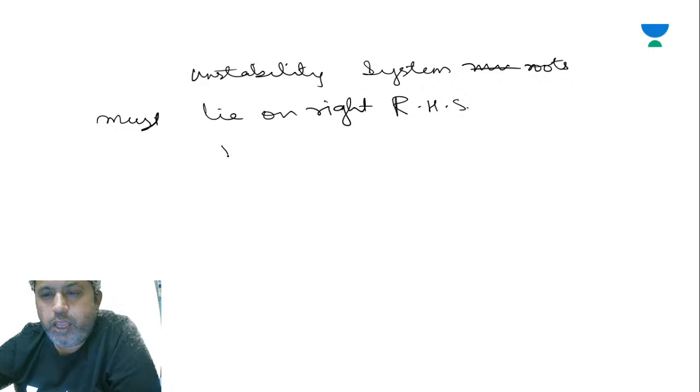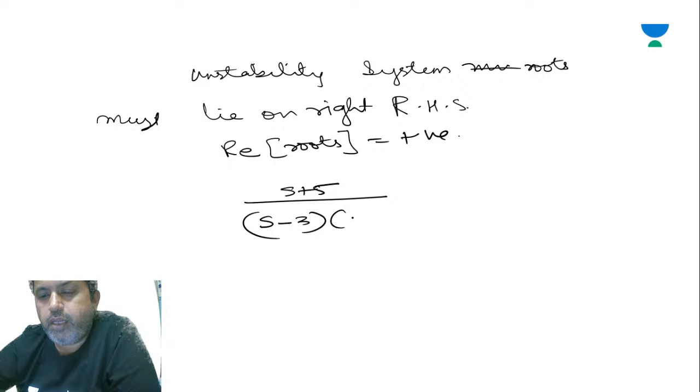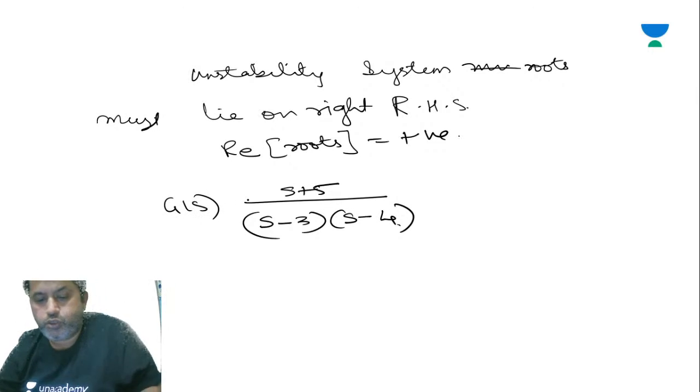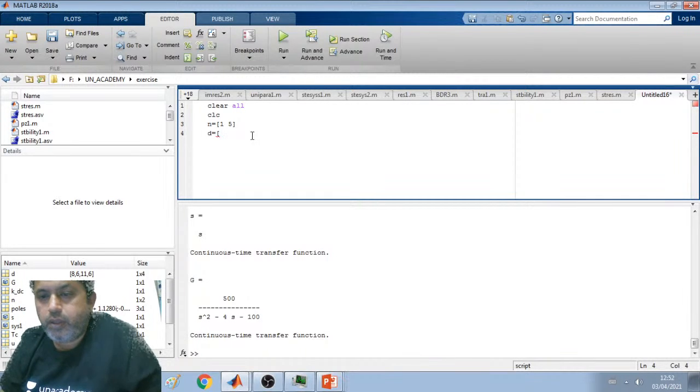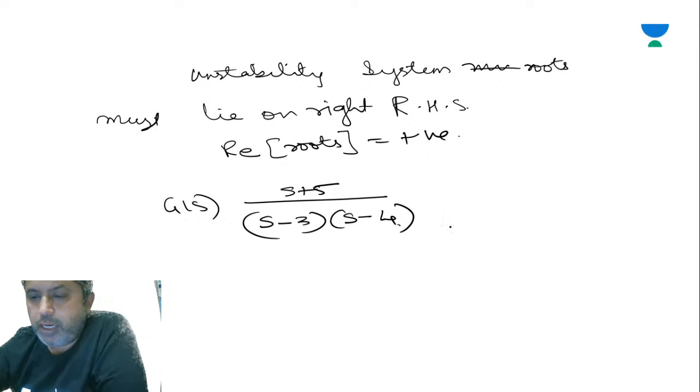That means the real part of roots must be positive. So if I say the function s plus 5, s minus 3, s minus 4, then this is an unstable system. Let us do it. So s minus 3, s plus 4, s minus 4. Let us see denominator.